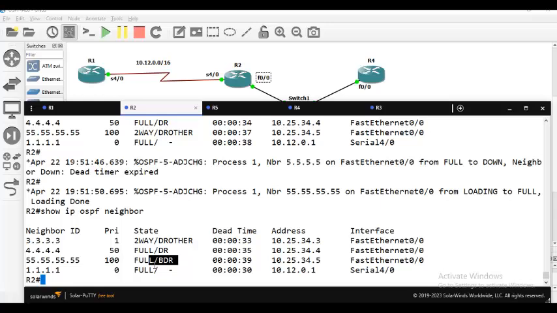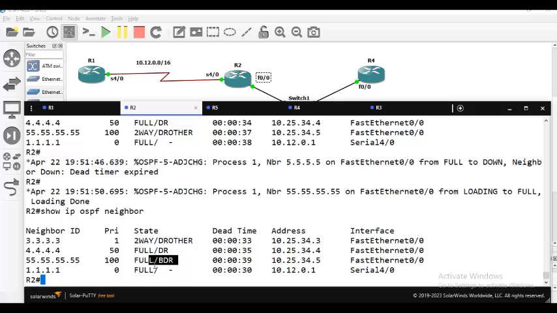And in this process, when there is a DR, even though the DR has got the low priority, when we bring a new router with a high priority, it cannot become a DR. What do we call it as? Non-preemptive.